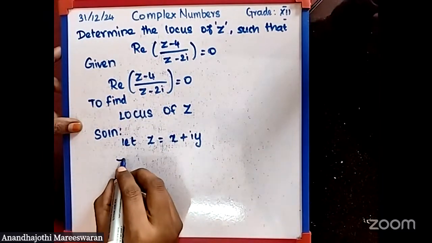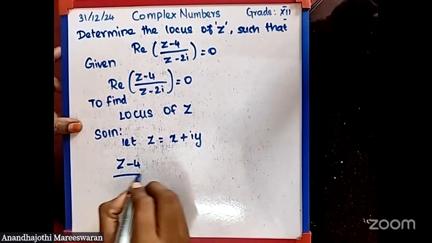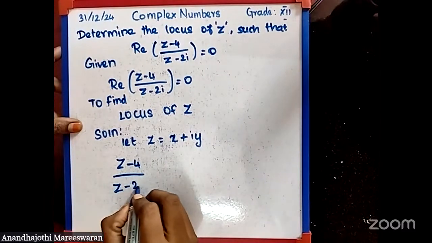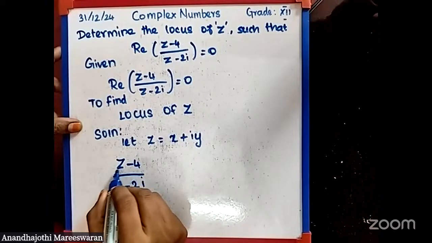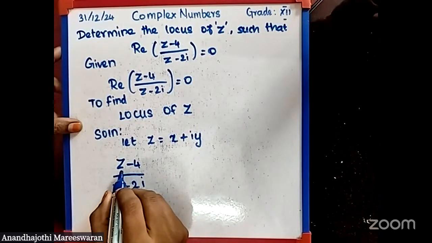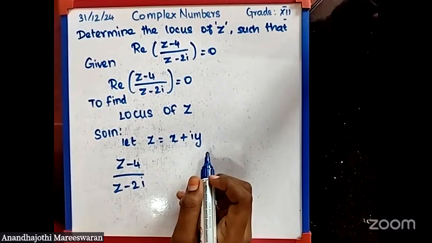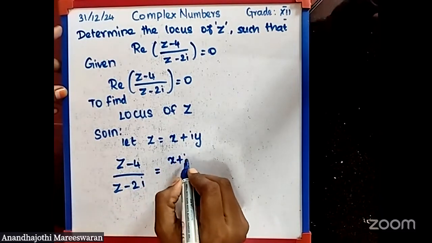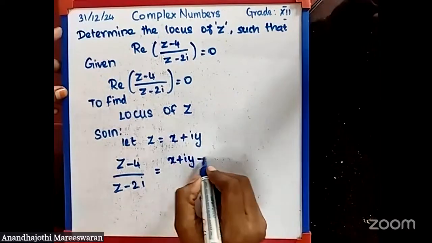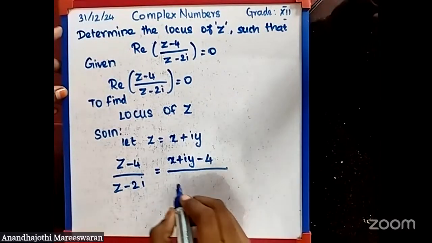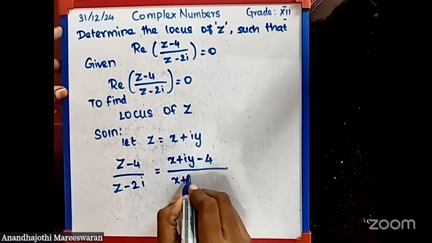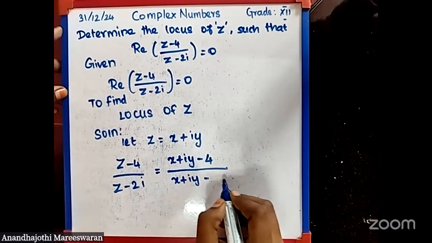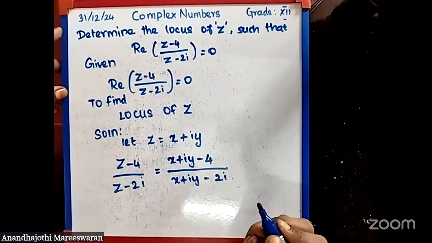So I take (z minus 4) divided by (z minus 2i), and I am going to replace z with x plus iy. So (x plus iy minus 4) divided by (x plus iy minus 2i).